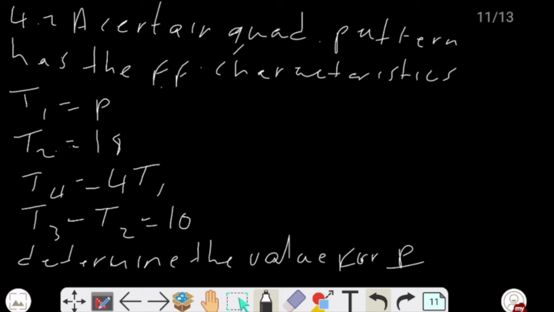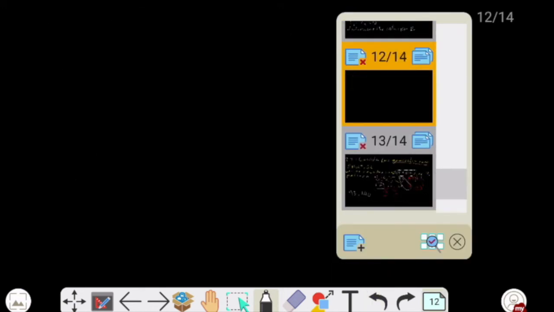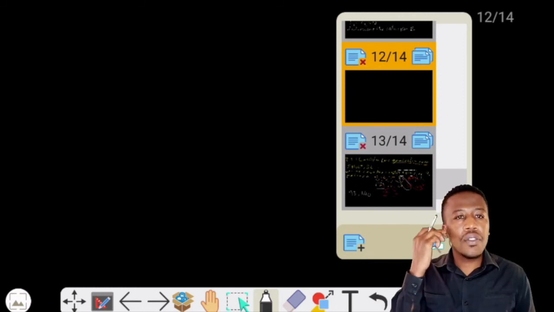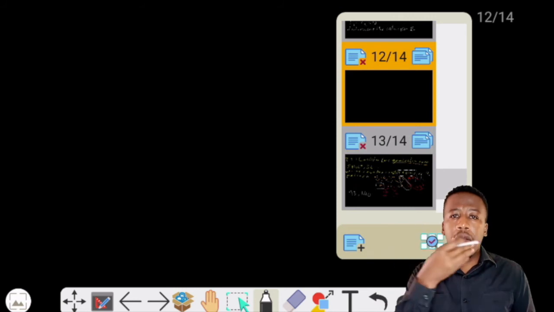Now, how do you approach this? Don't be thrown off by variables that are thrown into the sequence. What you do is just do your normal operations in terms of sequence.